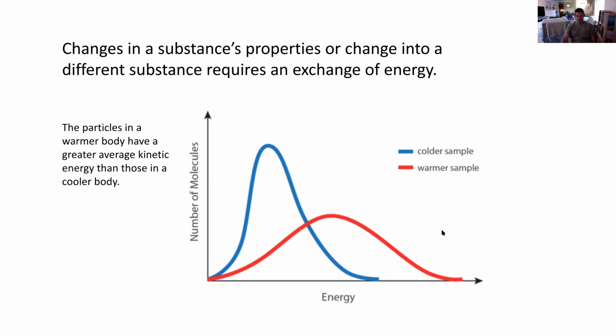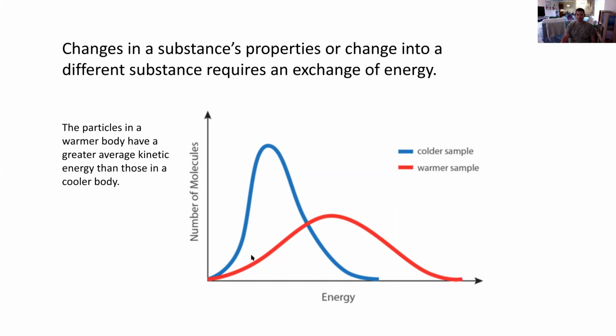All right, so typically when we have a cold sample, we get this pretty big exponential graph. Right? So if we have a cold sample, it kind of spikes and we get a high average around a lower energy. If we have a warmer sample, it's a flatter curve. All right, this should look like the flatten the curve graphs you've seen.